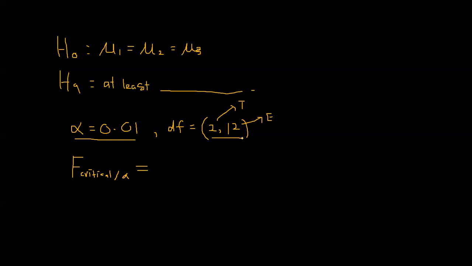In the F distribution table, the values in the top row refer to the degree of freedom for treatment, or numerator, which is 2 in this question.